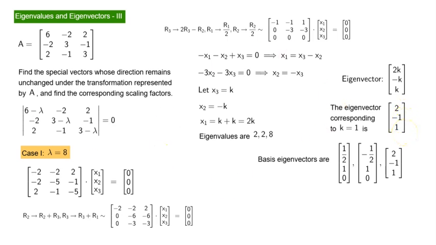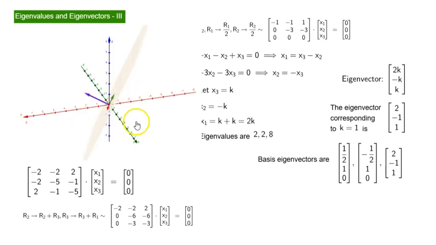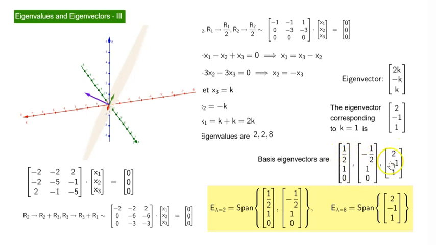How does this look in graphical form? We have this. So here the green one is minus half, 1, 0. Red one is half, 1, 0. And this purple is 2, minus 1, 1. Now we have these three basis eigenvectors. When it comes to lambda equal to 2, we have got two eigenvectors.